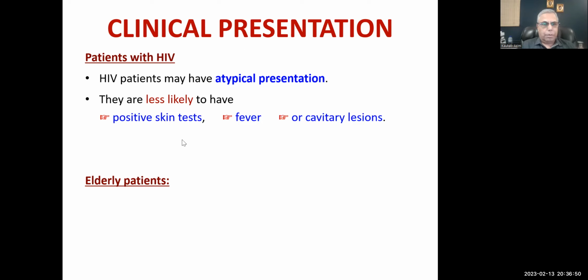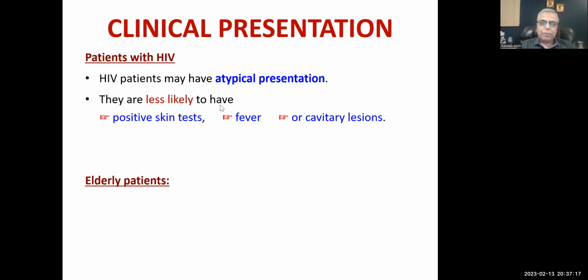Right. So these people, because they have poor immunity, are less likely to have a positive skin test or immune response. You know, fever is because of certain cytokines, as are cavitary lesions. As I said, it is the immune system that is destroying the lungs because of the proteases and enzymes that these immune cells release, right?